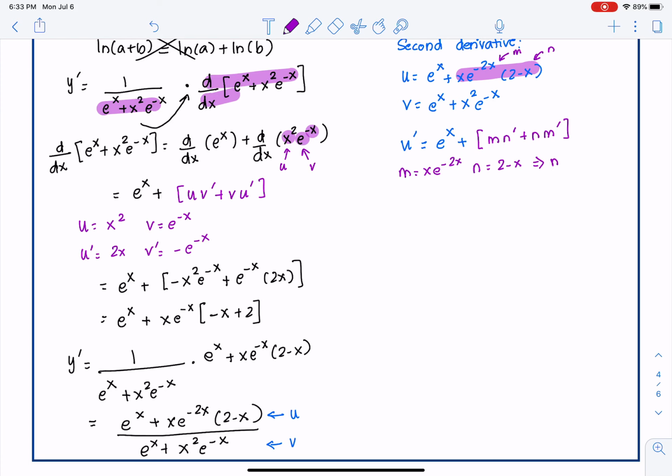This would mean n prime is the derivative of 2, which is 0. The derivative of negative x is negative 1. That was easy, but the derivative of m requires the product rule again.